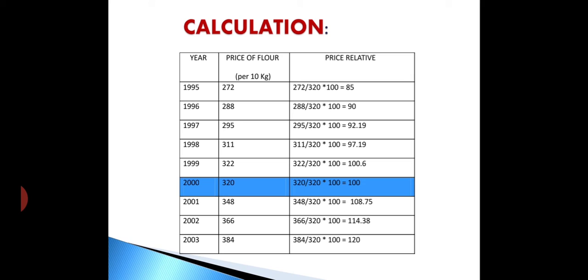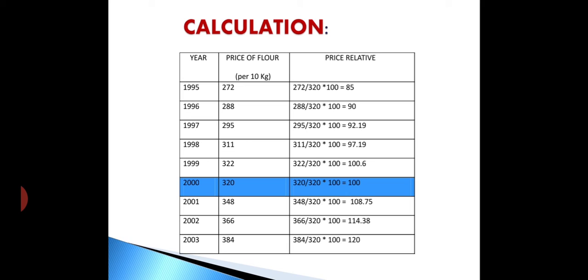Yes, you can see here that for the year 1995, the price of flour is 272, and the price in base year 2000 is 320. So according to the formula, just see in the line of 1995, 272 divided by 320, and this fraction multiplied by 100 gives the value 85.